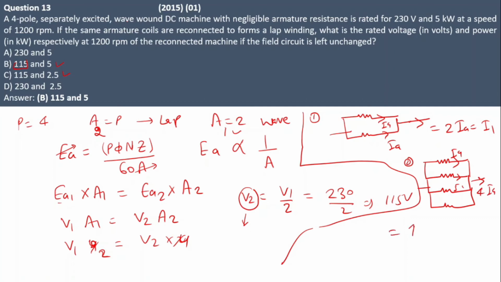This 4 IA you can write as 2 into 2 IA, and 2 IA is I1, so you are getting current twice and voltage half. So when you find its rating, V1 into I1 is similar, 5 kilowatt.